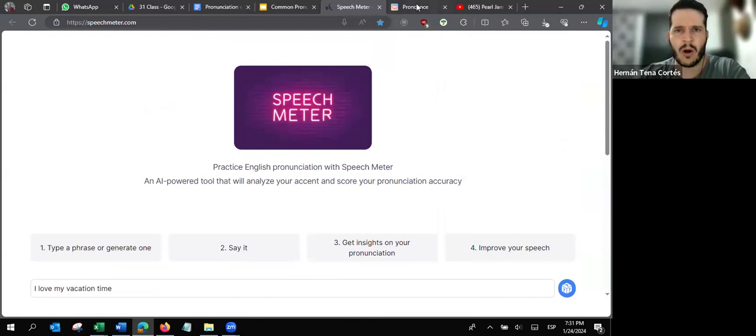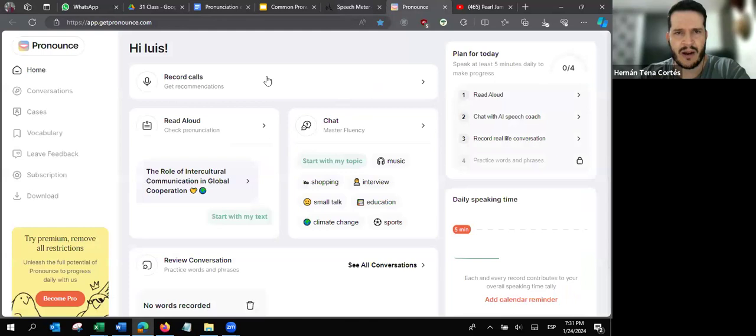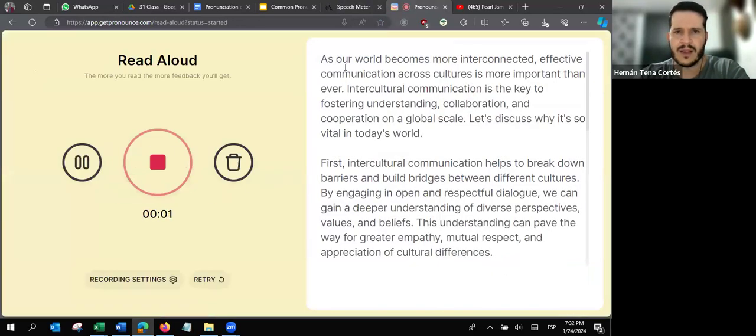All right, I am also going to show you this one. Now, I already created an account here, but once you create an account, you can do many things in this web page. Here, if you go to number 1, 2, 3, these are different activities they have for you.